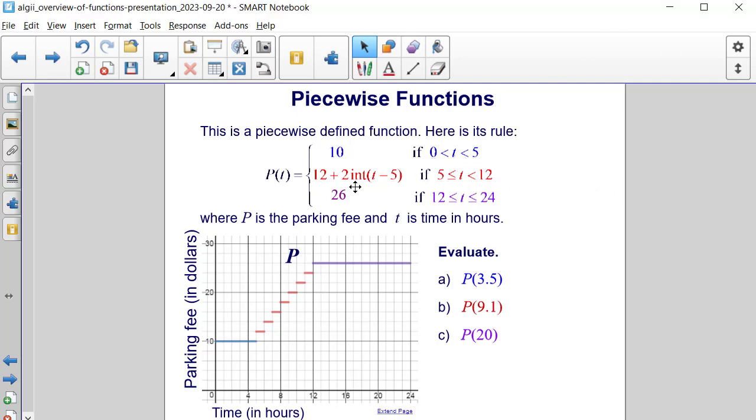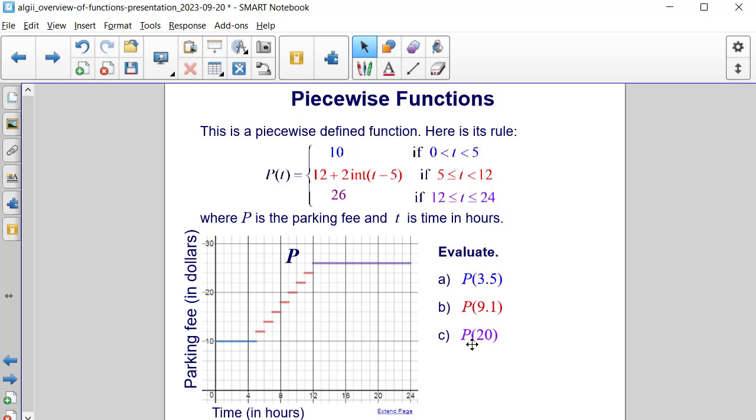P of t is equal to 12 plus 2 times the greatest integer of the quantity t minus 5 for t values between 5 and 12, including 5 only. And P of t is equal to 26 for t values between 12 and 24, including both endpoints, where P is the parking fee and t is the time in hours.